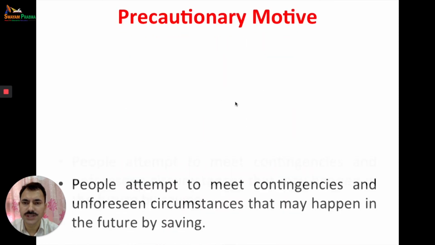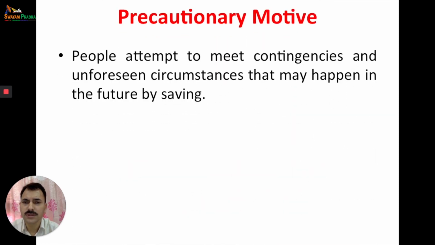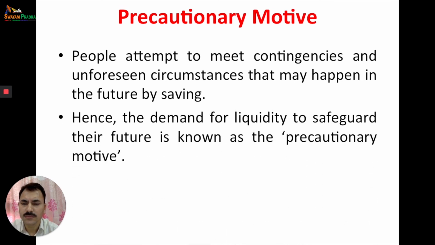Income is the independent variable. Next is the precautionary motive: people attempt to meet contingencies and unforeseen circumstances that may happen in the future by saving. Hence, the demand for liquidity to safeguard their future is known as the precautionary motive.